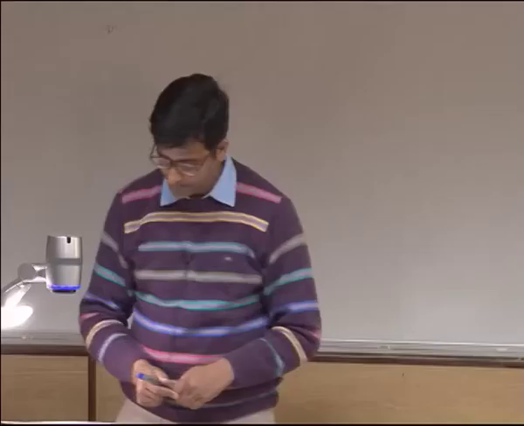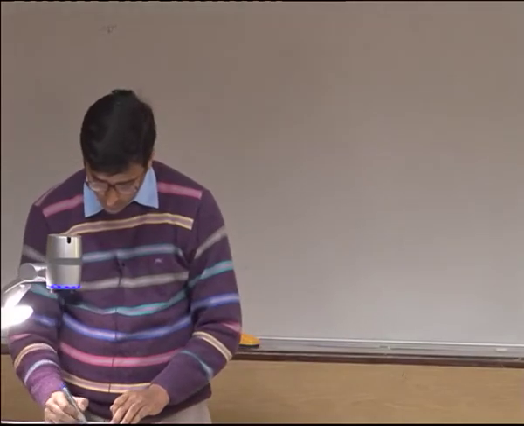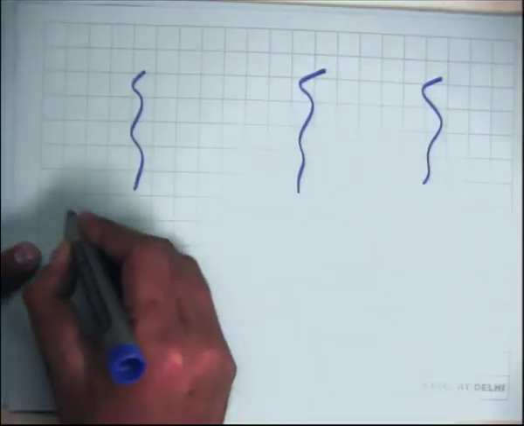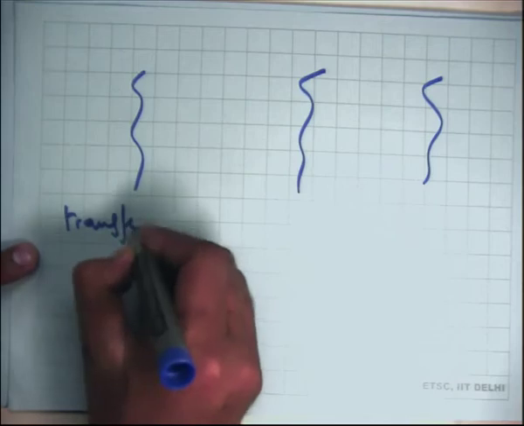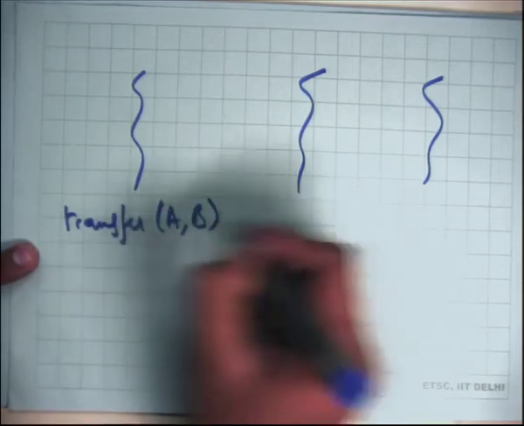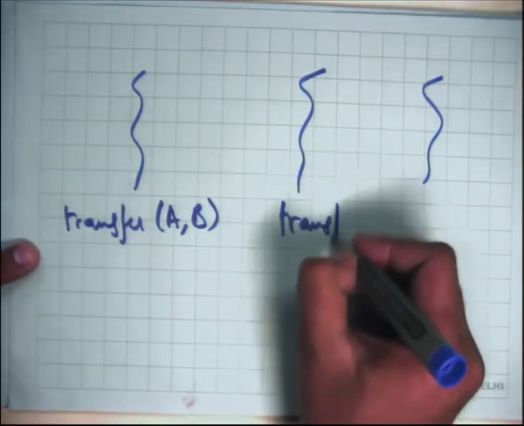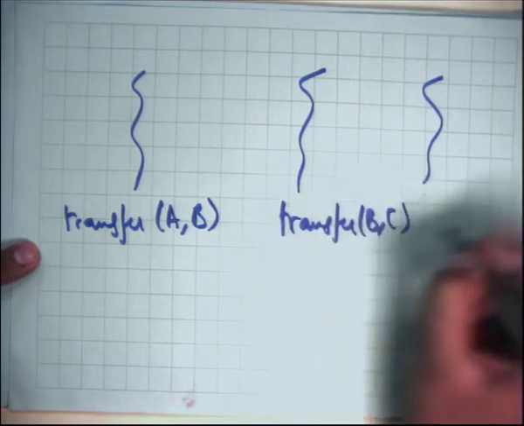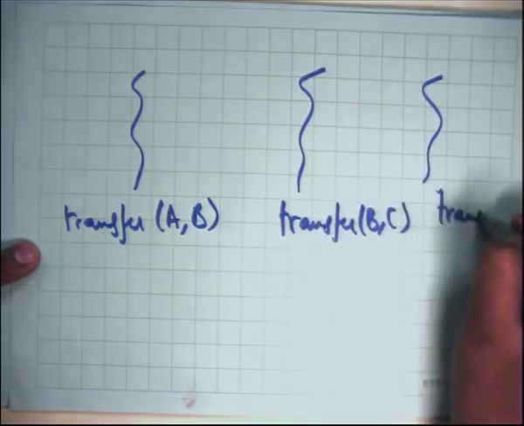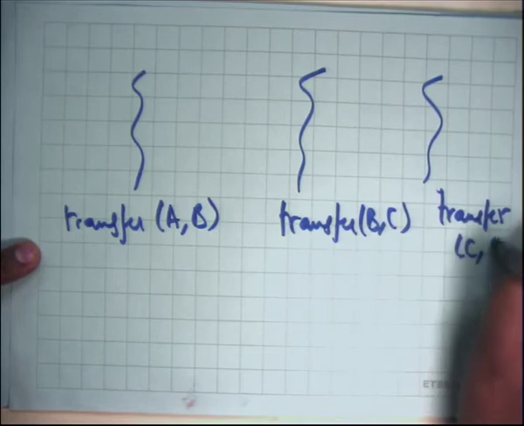So you can extend this example to 3 threads, one saying transfer AB, transfer BC, and this one saying transfer CA.